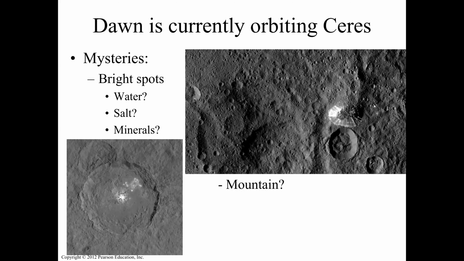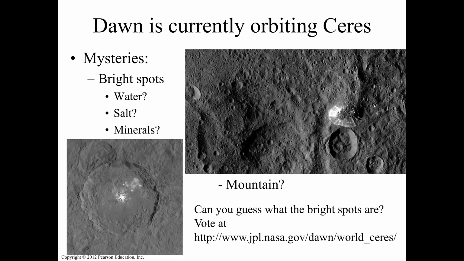There are also mountains. When you're looking at this, these are big enough. Again, this is probably 30% the size of the Moon, so it's big enough that a spacecraft can land on it. But whatever guess you have about these bright spots, go to this JPL NASA website and vote.